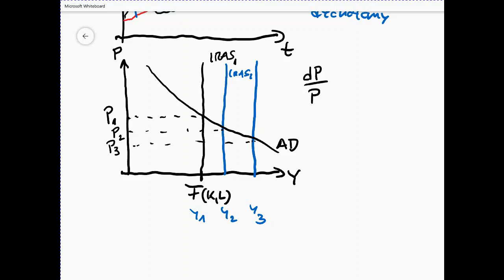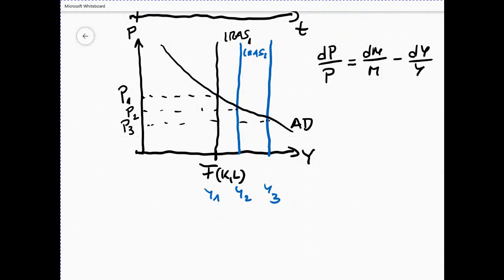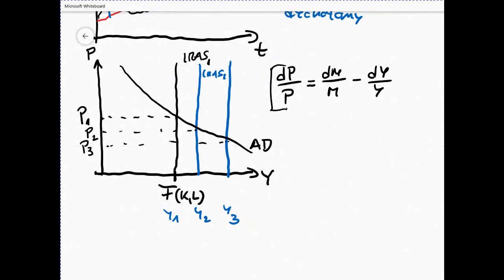That the inflation in the economy was nothing else than the rate of growth of the money supply minus economic growth. And actually this situation is exactly the same. Don't be surprised. In the long run, the economy works according to the neoclassical model, and the quantity theory of money, which we used to derive this particular equation here, is a neoclassical model.